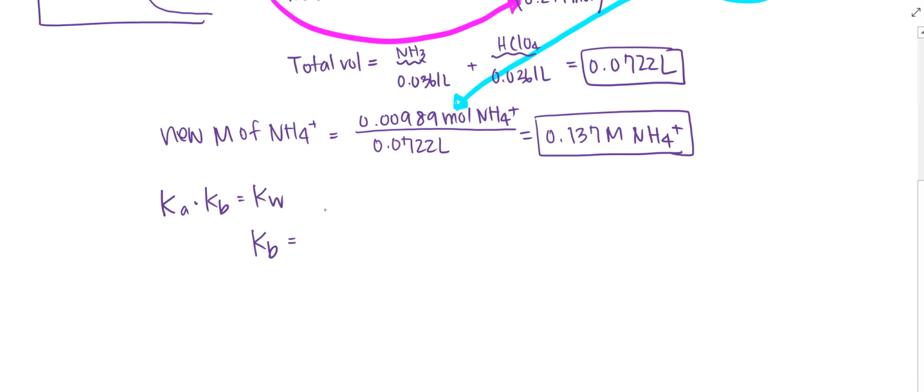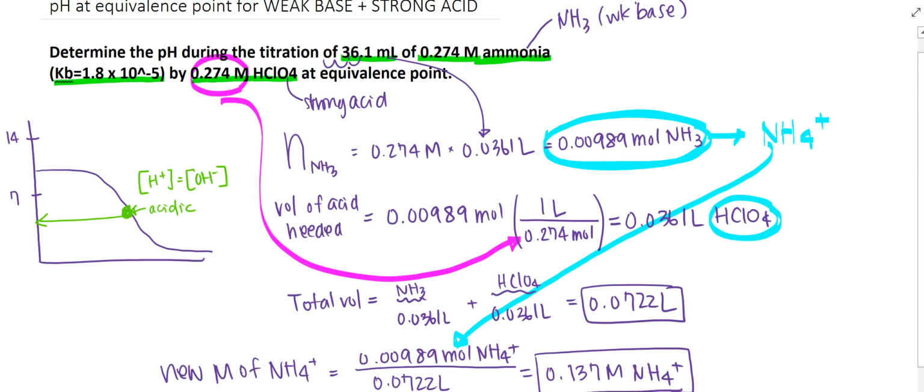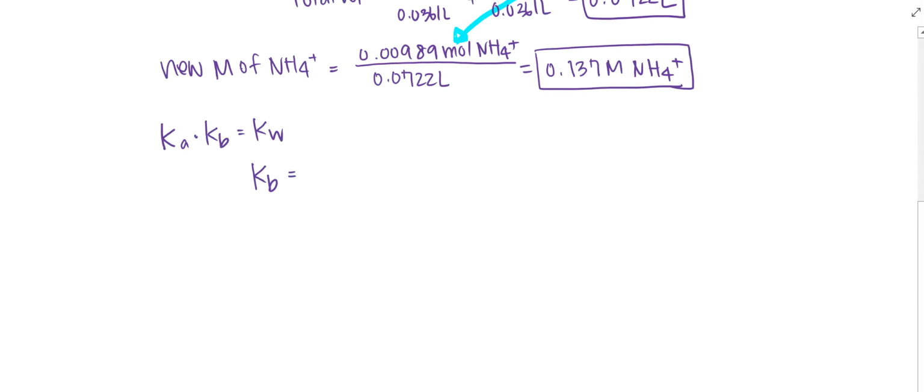Over here, they told us the Kb value is 1.8 times 10 to the negative 5. All of this equals Kw, which is 1 times 10 to the negative 14, over Ka, and so my Ka value is going to be 5.556 times 10 to the negative 10.